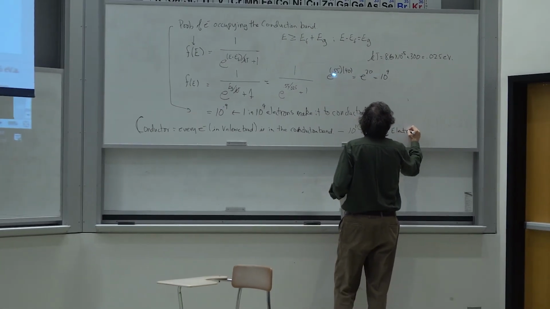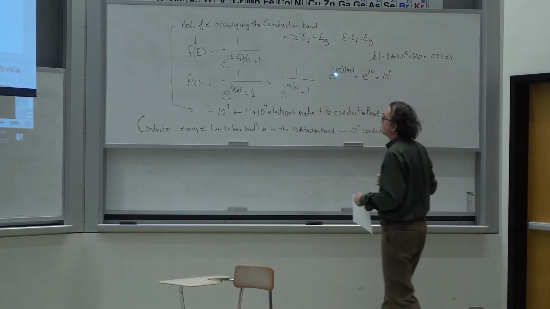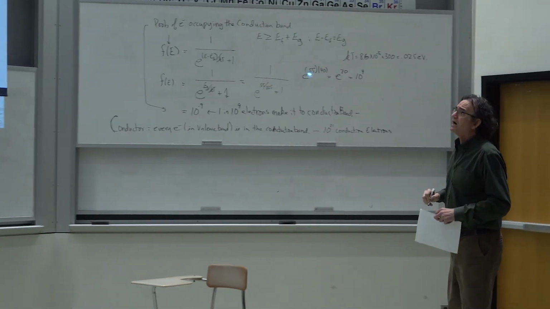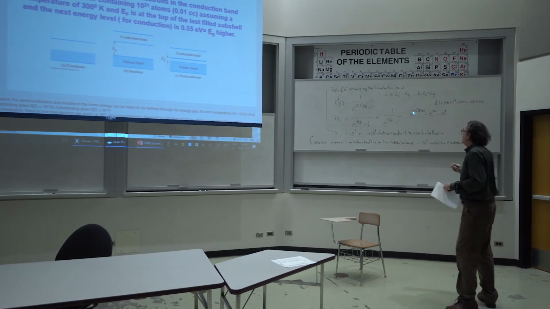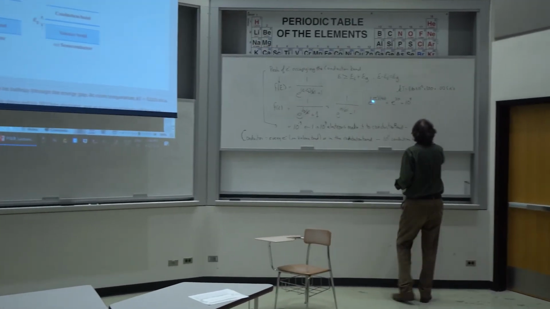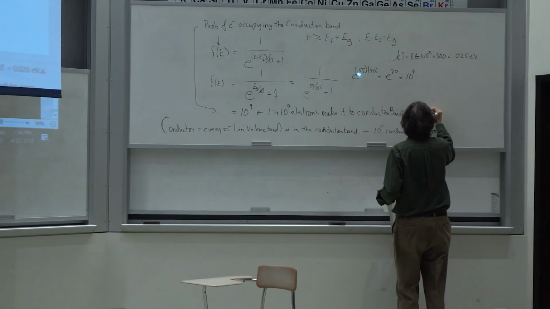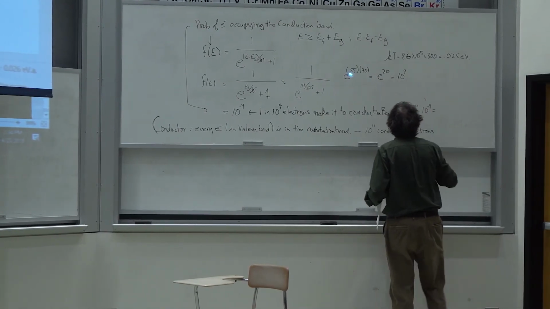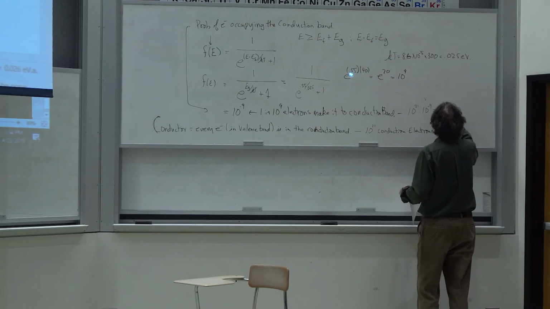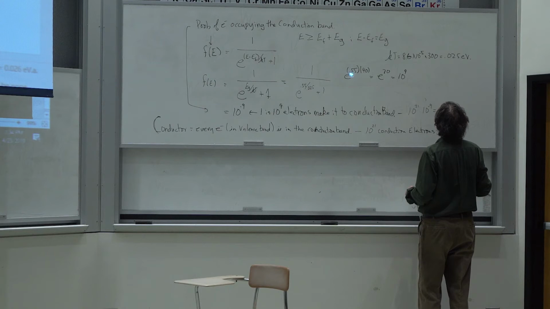If I do this for the semiconductor, with only 1 in 10 to the 9th making it to the conduction band, then the number is 10 to the 21 times 10 to the minus 9, which is 10 to the 12th.